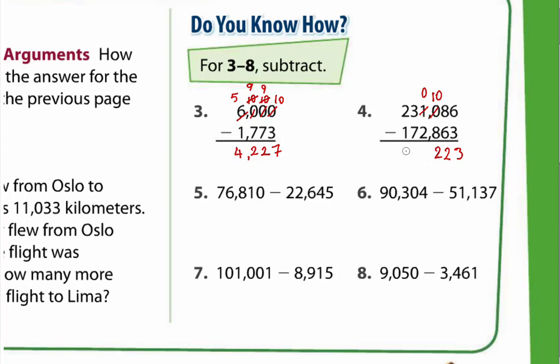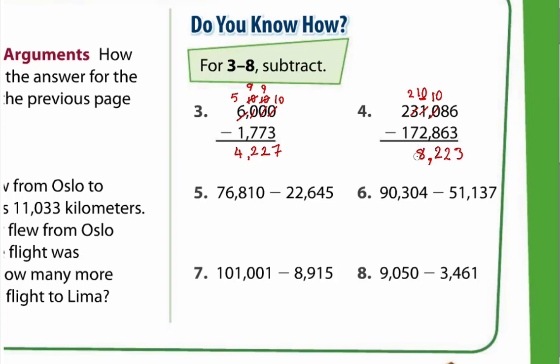Good. It can't be, so take away 1 from the 3, and it's going to be 2, and place 1 to the tens. So 10 minus 2 is 8.